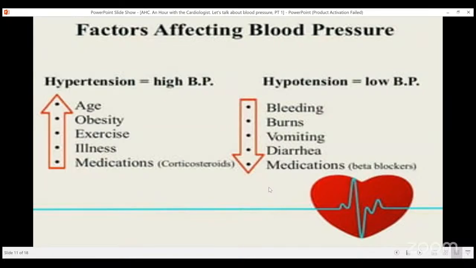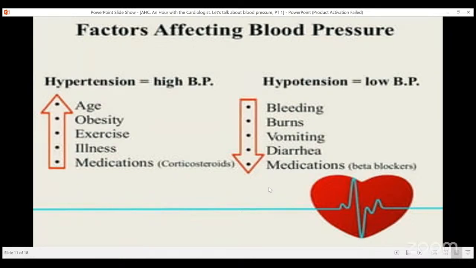The more obese one is, the likelihood of the blood pressure being elevated, because with obesity comes atherosclerosis that reduces the lumen, reduces the capacity of the blood vessel to dilate, and that goes on to impact on the blood pressure.